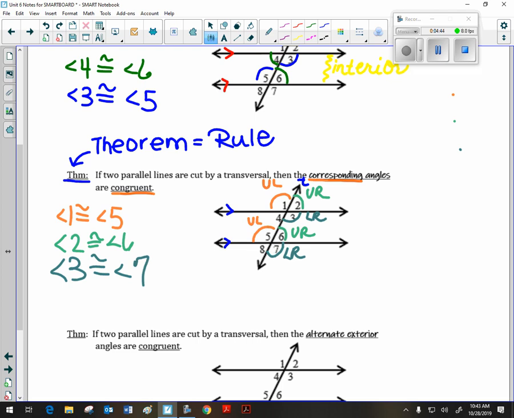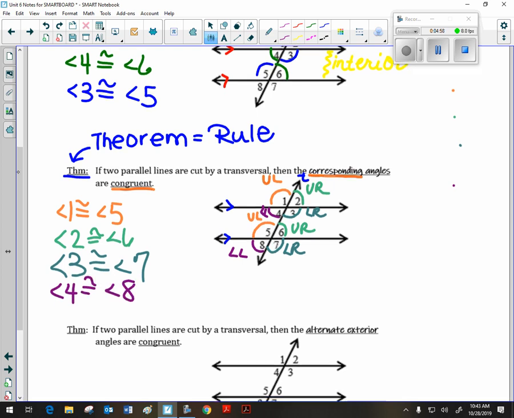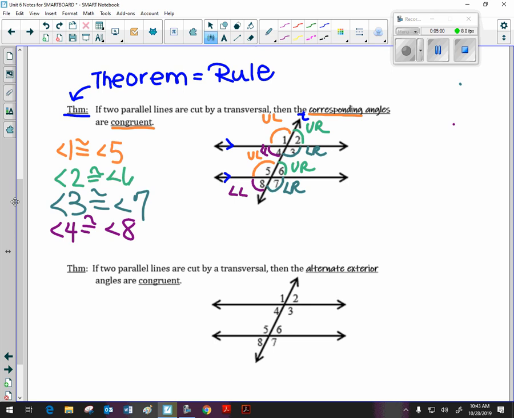And then, of course, you can probably see the last set of corresponding angles. Angle 4 and angle 8, lower left and lower left. So angle 4 will be congruent to angle 8. And like I said, your job is going to be to identify the matching pairs of angles and know that they're congruent to each other.